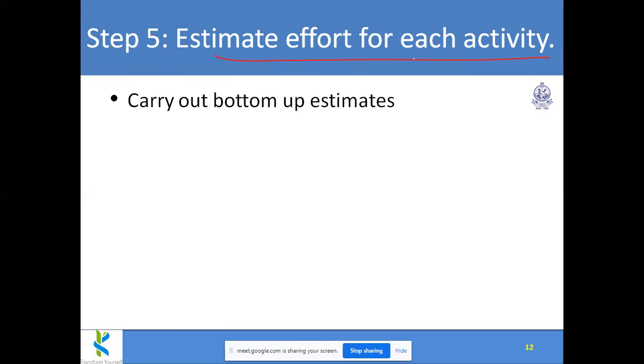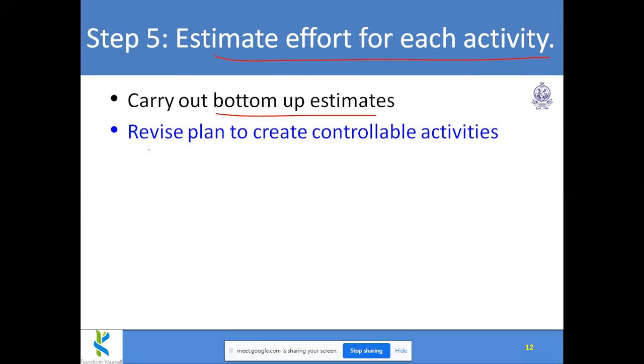Likewise, you plan and finally add up everything and tell the total. That comes under bottom-up estimate. So here we have already listed all the subtasks, and for each subtask we are estimating effort and finally summing up. So this is going to be a bottom-up estimate.